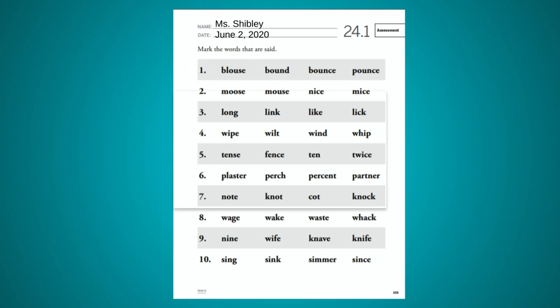Number 1, the word bounce. Which one of these words says bounce? Number 2, which one of these words says mice?